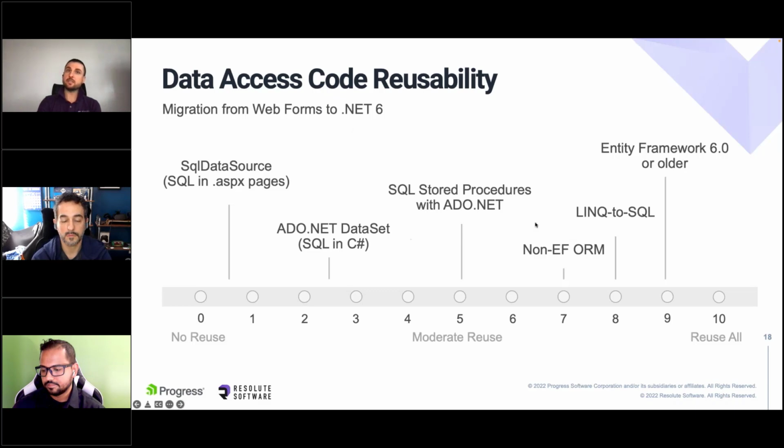Because if you have invested heavily in stored procedures, then chances are you're better off keeping them and then creating entities or entity classes programmatically or imperatively. This helps because you're still working with objects at the C# level, but you also preserve your SQL stored procedures. So in this case, you have to do it with ADO.NET.